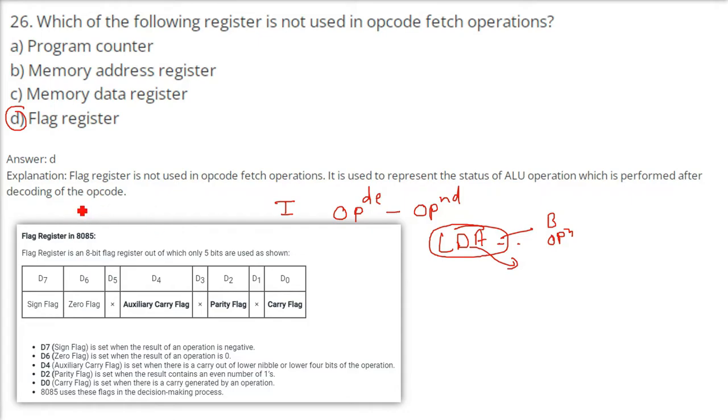Once all things are done and some operation is performed, then all the flags will be affected. Otherwise, fetching the opcode won't use them. The program counter, the memory address register and the memory data register, all these 3 will be part of the fetch operation, not the flag register. Okay.